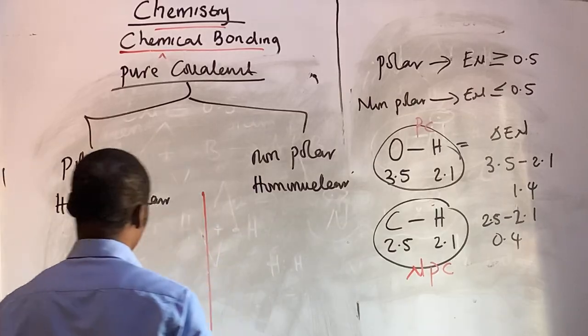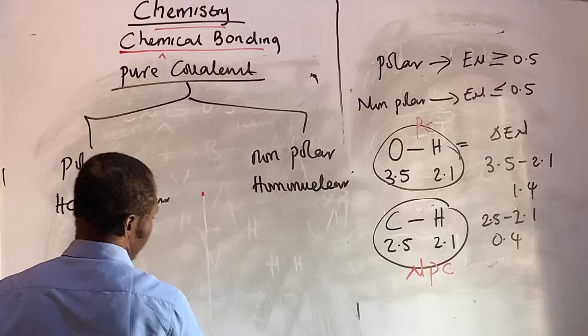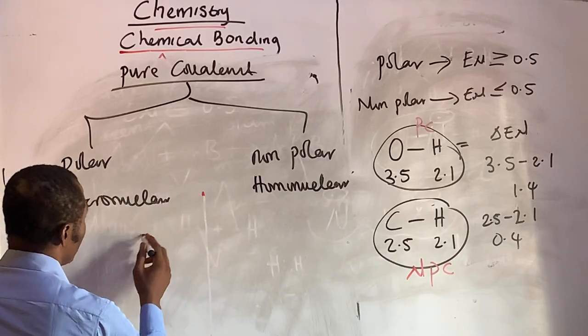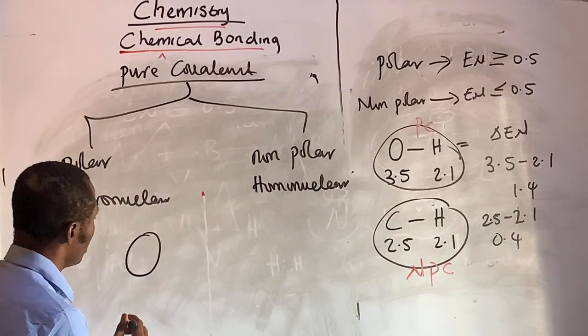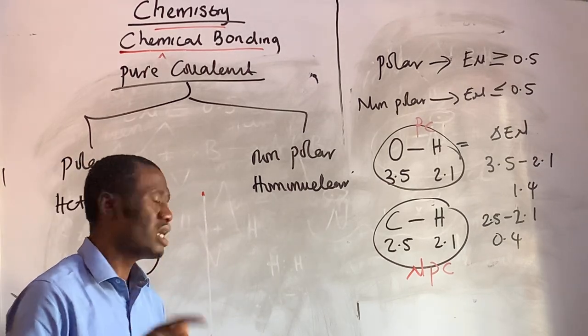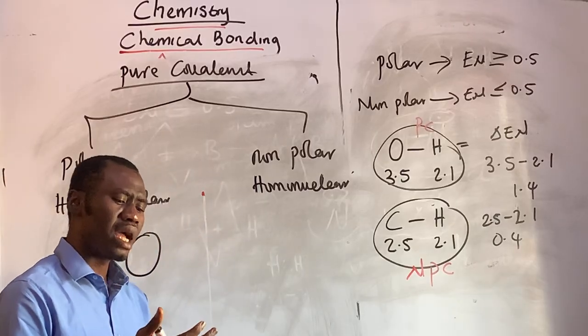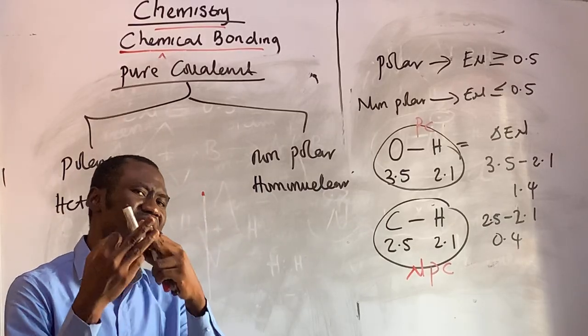Now let's talk about the water molecule. Now let me make a space for myself. You see, oxygen has a valency number of 6. How do I know that? Oxygen is 8.